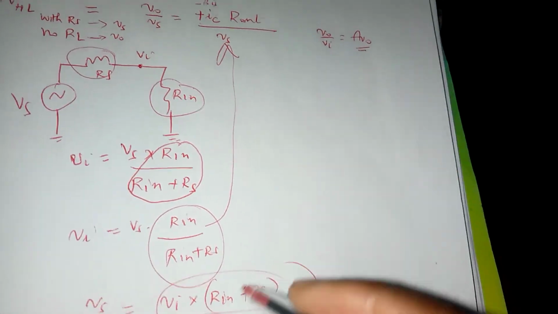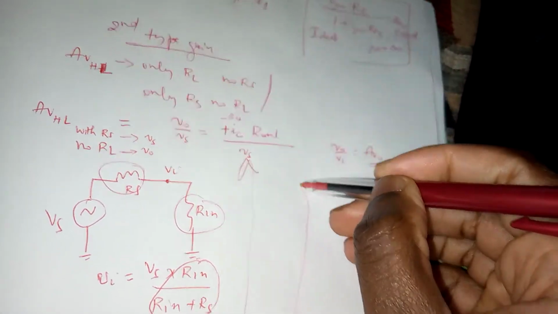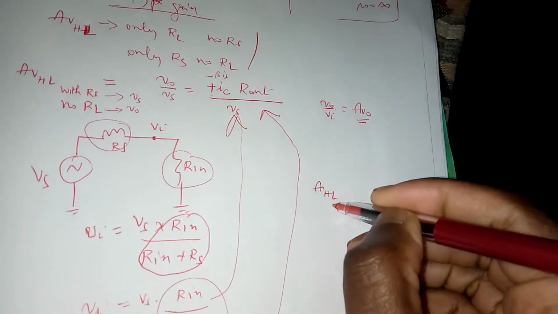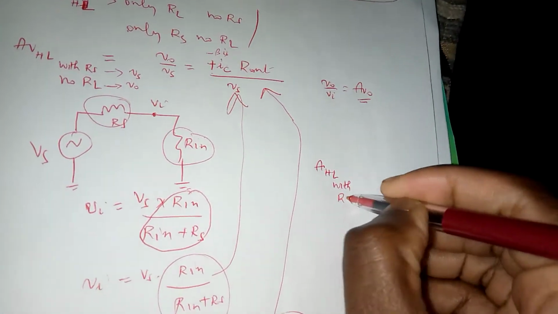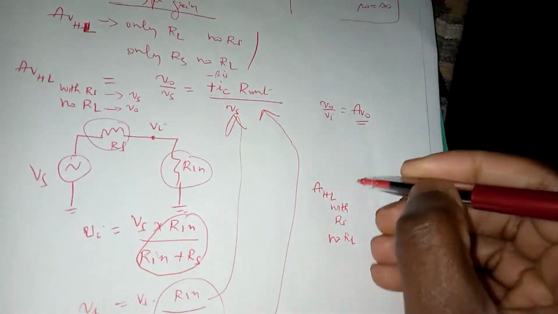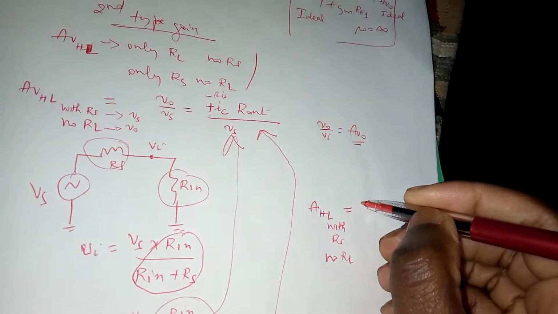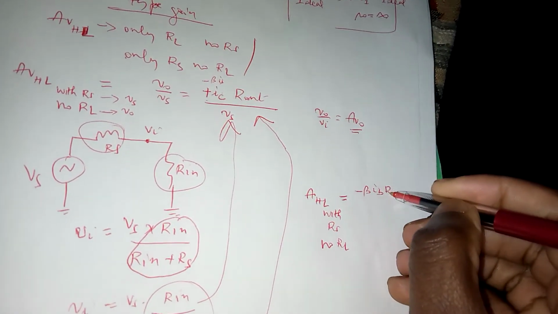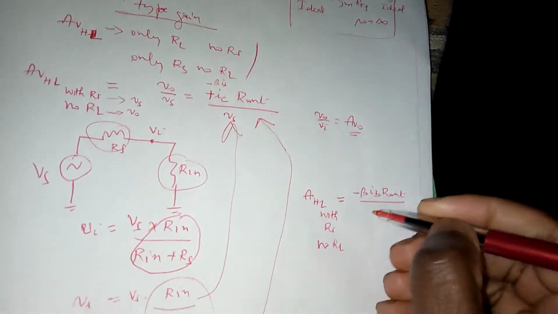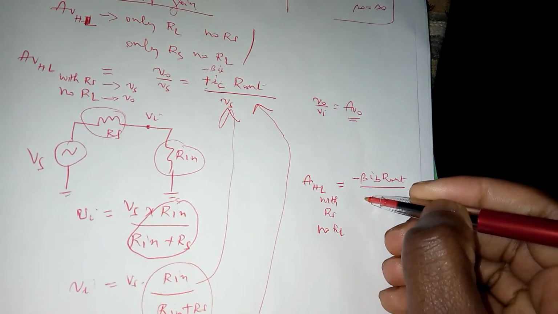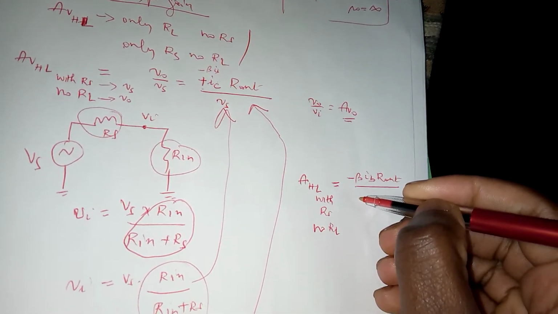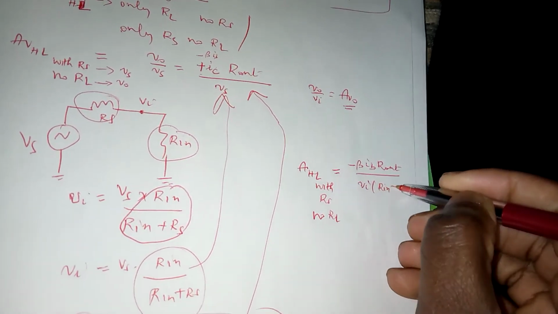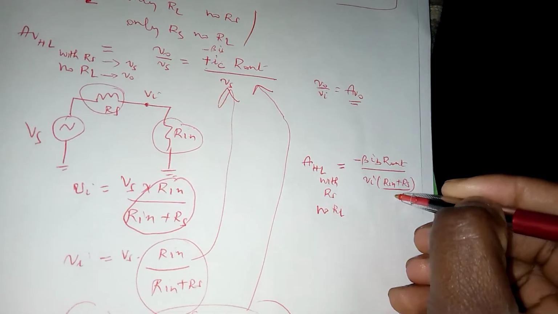So if we replace that value of VS in the half-loaded gain that we are calculating, then we get the half-loaded gain with RS, no RL, equal to minus beta IB R out divided by VS, which is Vi times Rin plus RS over Rin.